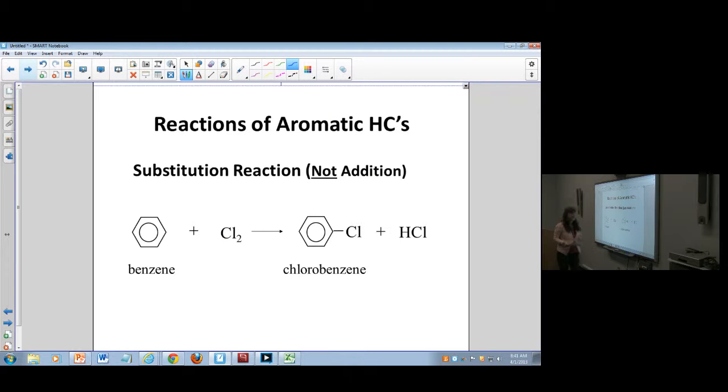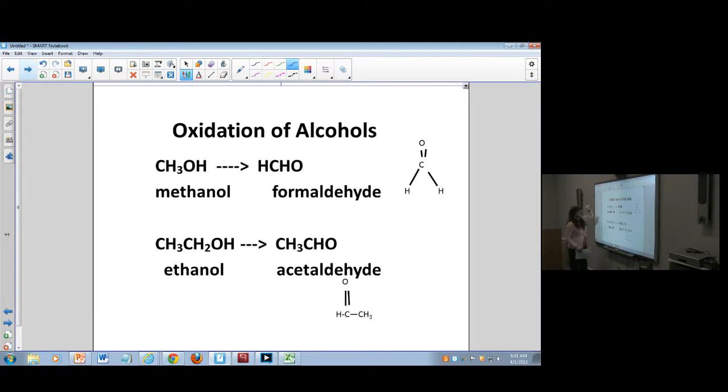Now, aromatic hydrocarbons always undergo a substitution reaction. They don't undergo an addition reaction. So remember, we have a carbon here and one hydrogen. Well, when we get the carbon at that site added to a chlorine under certain circumstances, instead of having a hydrogen at this site, we now have a chlorine that's substituted, and we get an HCl as part of our products.